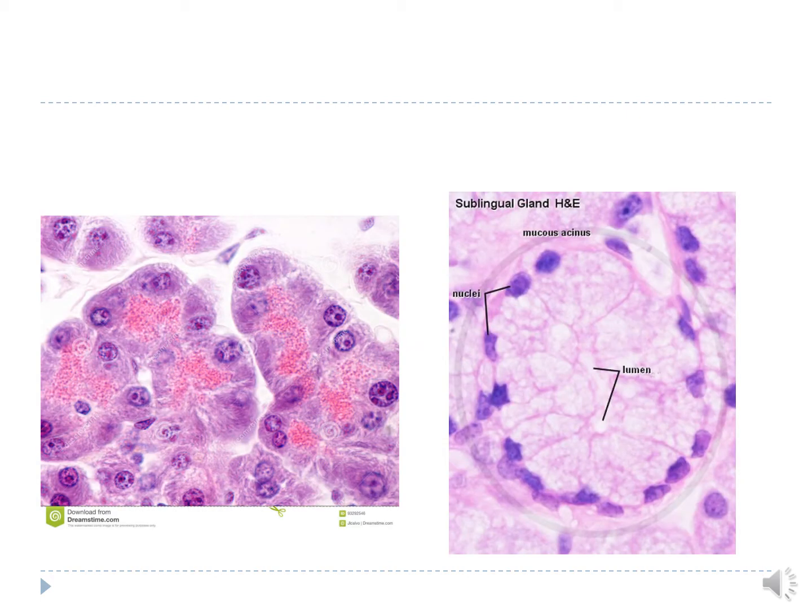Now here is the picture showing the histological section of the serous acini and the mucus acini. This one is the serous acini, while this is the mucus acini. The serous acini consist of pyramidal cells; this is the pyramidal cell. The nucleus is spherical, lying towards the base, the apical part of the cell is filled up with pink granules, that is the zymogen granules, and the basal parts are stained purple due to the presence of rough endoplasmic reticulum and ribosomes.